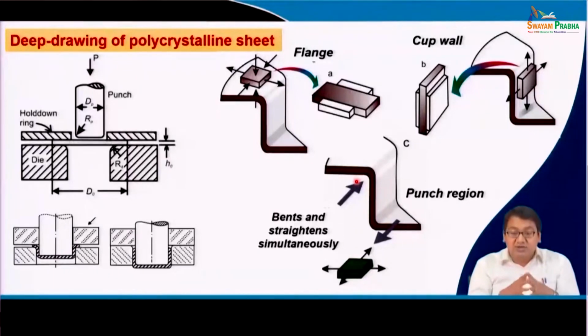Unless you have a very good formable polycrystalline metal, it is very difficult to have such simultaneous bending and straightening without the material getting fractured. Therefore, just to let you know, higher strain hardening exponents are also needed for this deep drawing process.